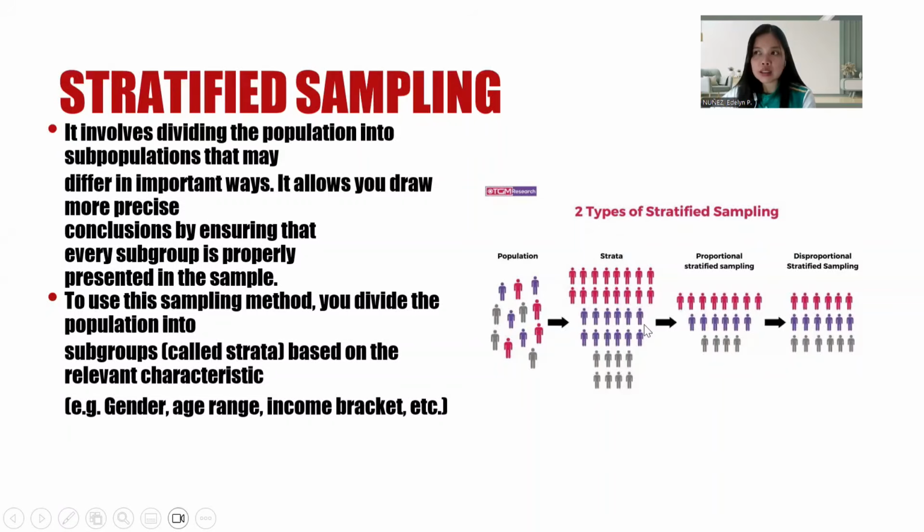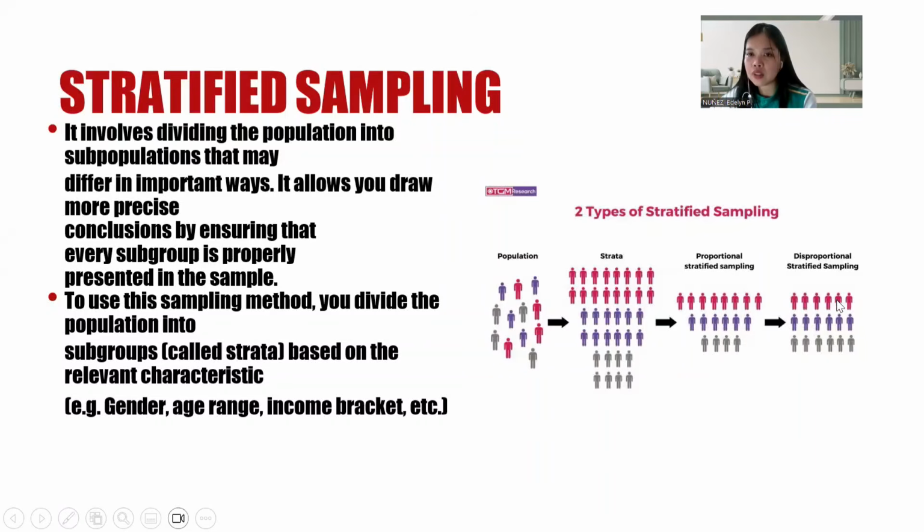For example, if your strata are degree programs here in SLSU Hinunangan campus, agribusiness is 376, just as an example, and education is slightly lesser than agribusiness. So we will have proportional stratified sampling because we differ in numbers.